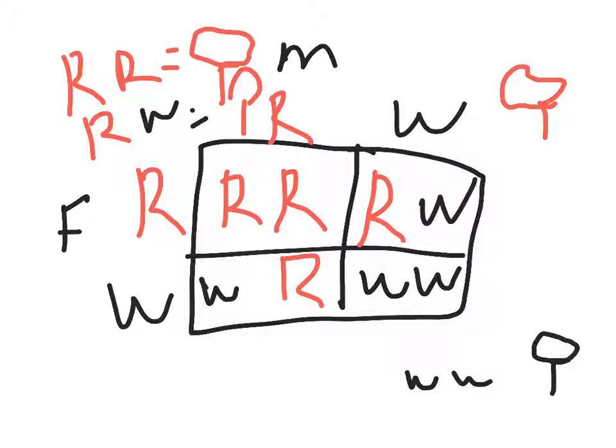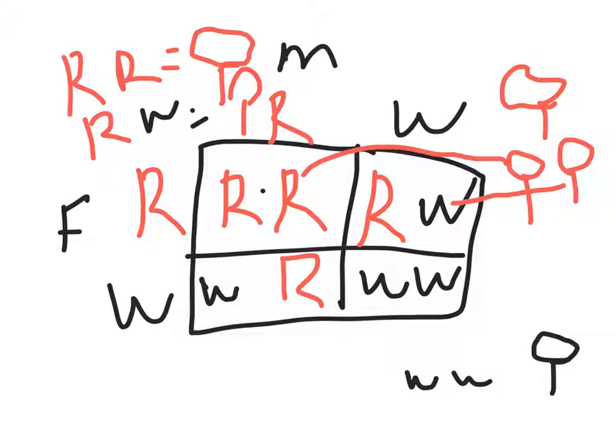The first one is homozygous dominant, RR. What kind of flower is that? It's a red flower. Then RW, that's the R from dad and the W from mom. What color flower will that be? It's also red.